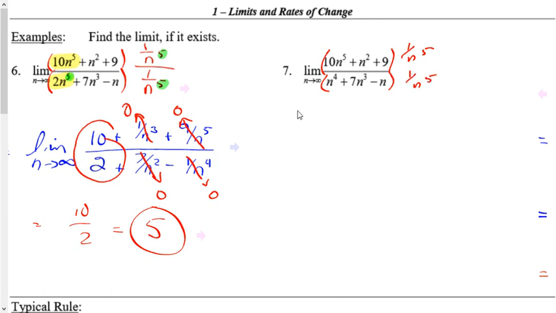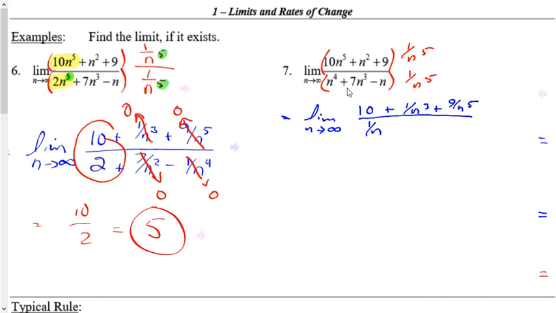Well, we'd still have this limit as n approaches infinity. Here, 10n to the fifth times 1 over n to the fifth gives me just 10. And then I'll have the plus 1 over n cubed plus 9 over n to the fifth. In my denominator, n to the fourth times 1 over n to the fifth gives me 1 over n.